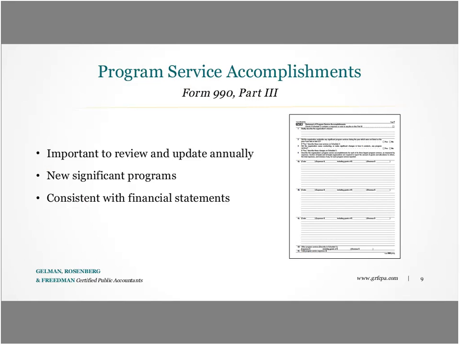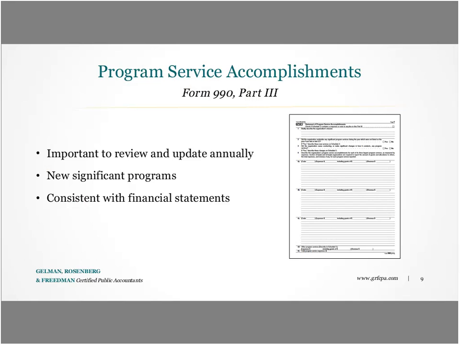Okay, so I'm going to do this first slide about program service accomplishments. That's on the second page of the Form 990, Part 3, and it's the section where you update and review your program accomplishments. A few things we want to say about that.